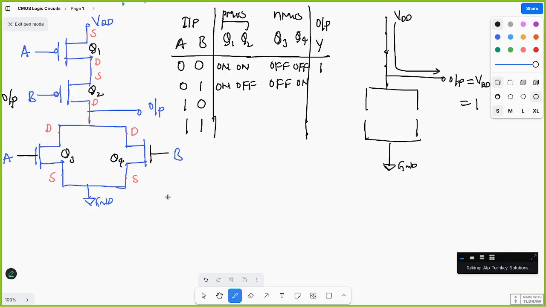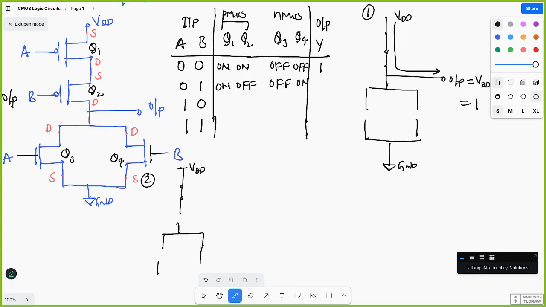Next, we will see the 0 1 case. So this is case 1, and now case 2. Q1 will be on and Q2 will be off, and Q3 will be off and Q4 will be on.